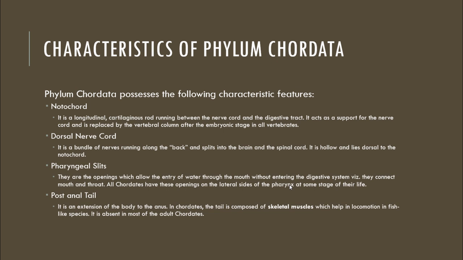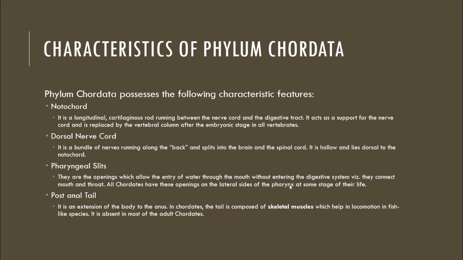Some organisms do not have these things we are talking about here. They don't have the brain or the spinal cord separately like that. That's the idea. Next is the pharyngeal slit. They are openings which allow the entry of water through the mouth without entering the digestive system. They connect the mouth and throat.